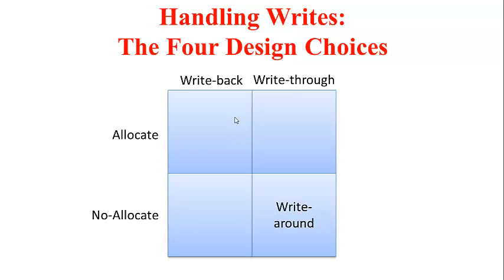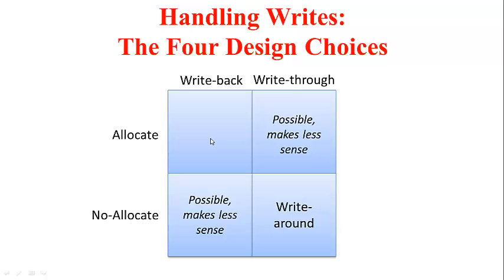If you think about it, all these 4 possibilities are certainly possible. However, the ones along the diagonal shown here, these two choices, the write back with no allocate and allocate with write through, are possible but make less sense. This is because in an allocate scheme, the reason why you are allocating is that you want to be lazy about reflecting the writes to a memory location back to the main memory.